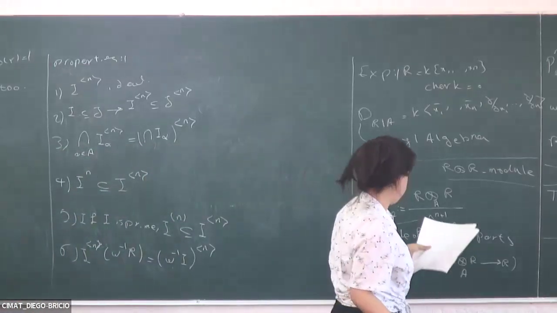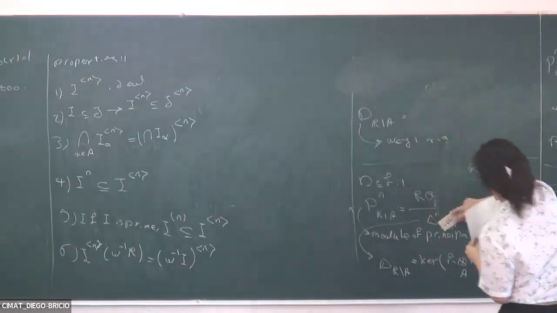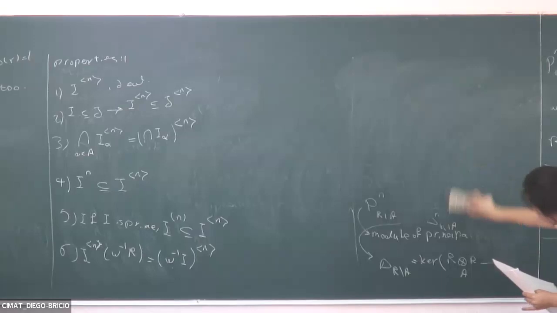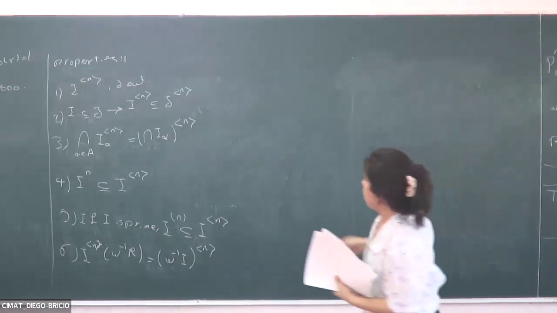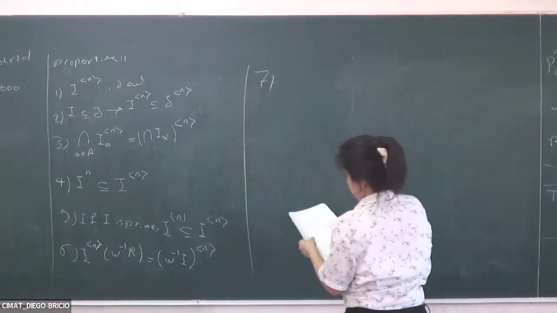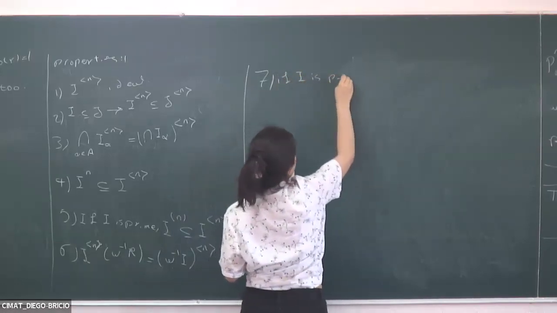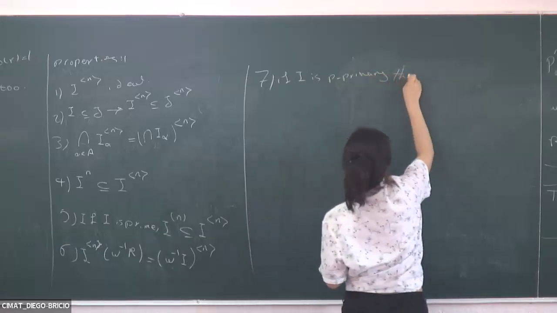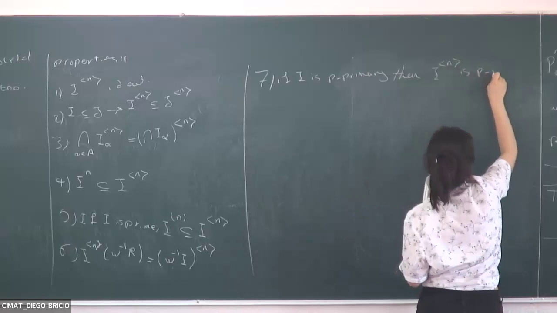And if I is P primary, then I_n is P primary.